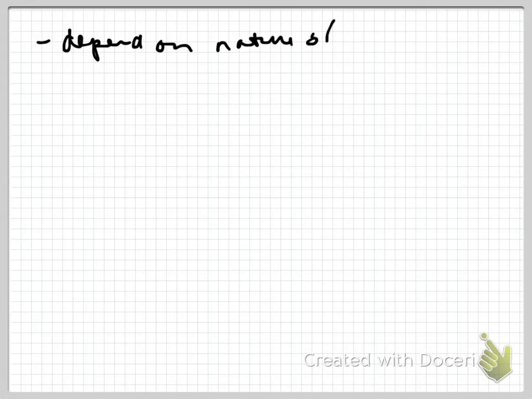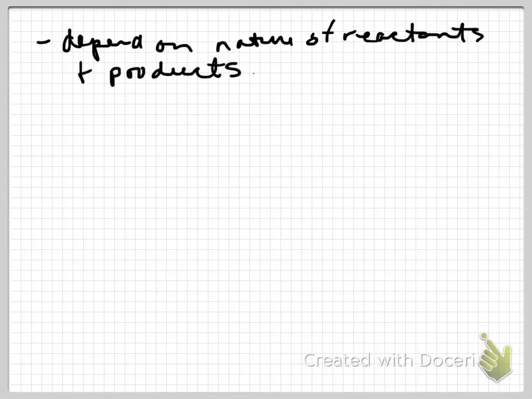Okay, that change in enthalpy does depend on the nature of the reactants and products. It's kind of a silly statement, because basically that says for different reactions you're going to have different changes in enthalpies.